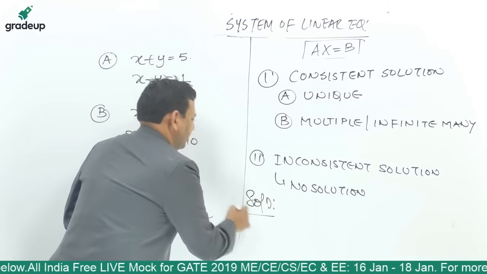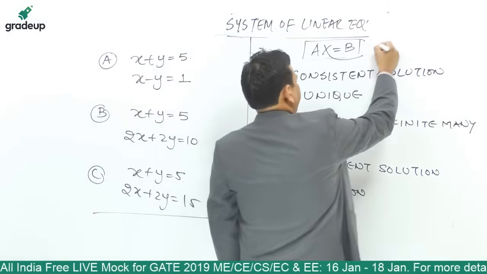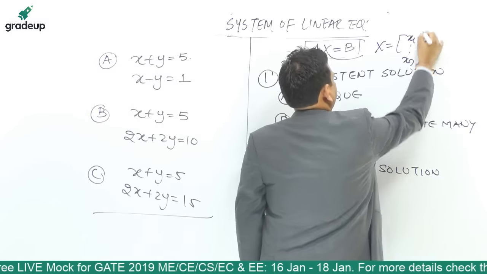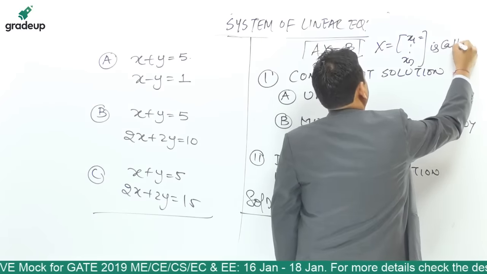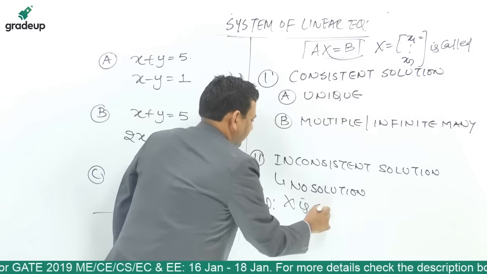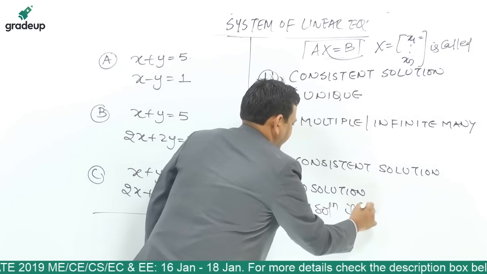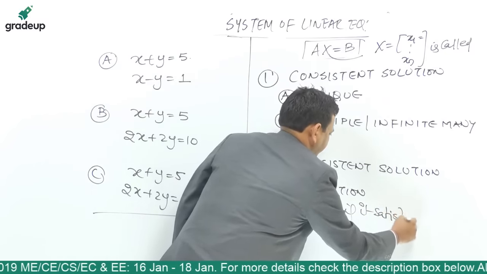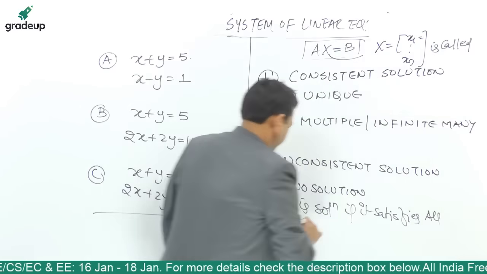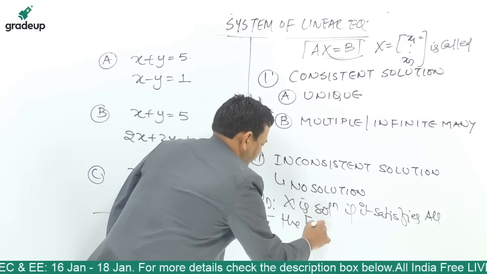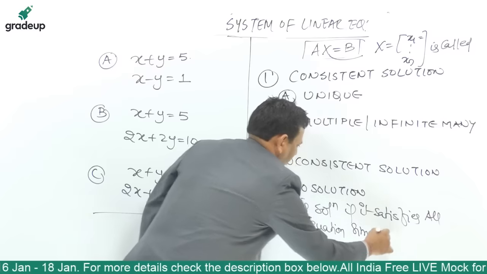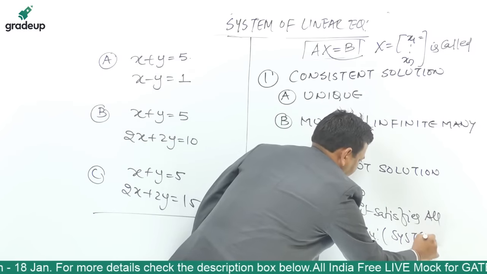In a solution, the value of x, that is x1 to xn, is called a solution if it satisfies all the equations simultaneously, or we can say if it satisfies the system.